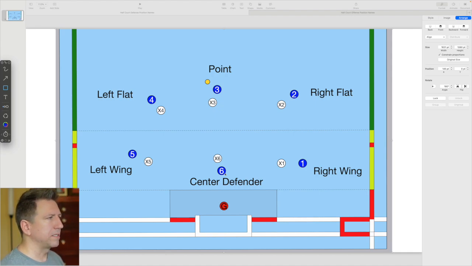I also want to talk about some terminology used when we talk about sides. You might say the ball is coming up the right side. Ball's on the right, ball's on the left.